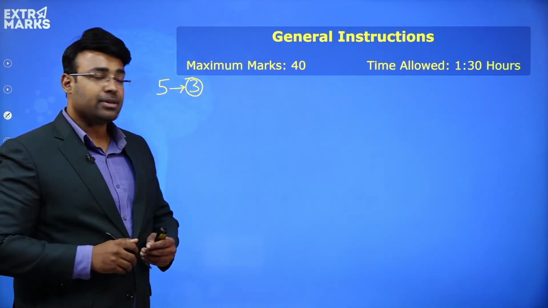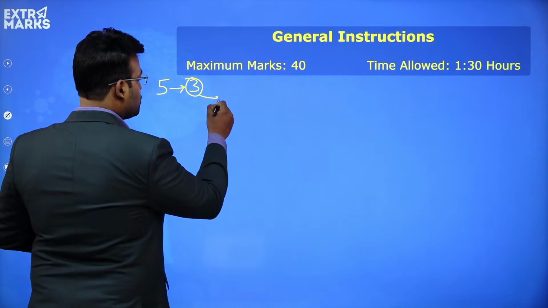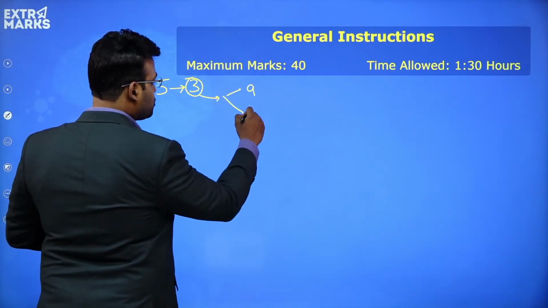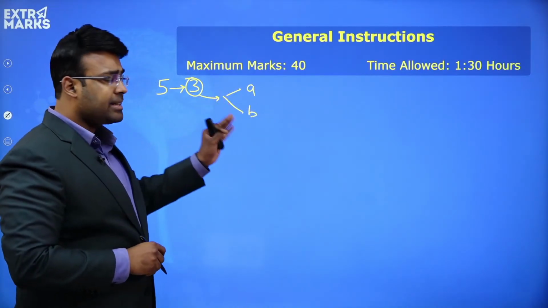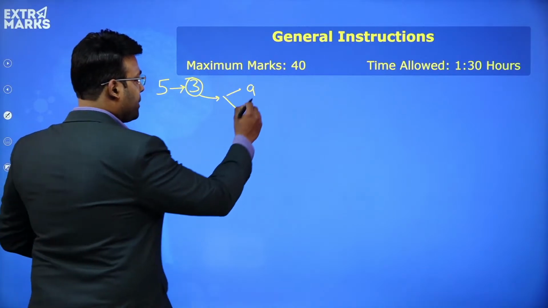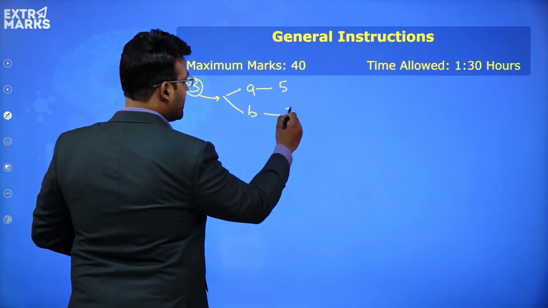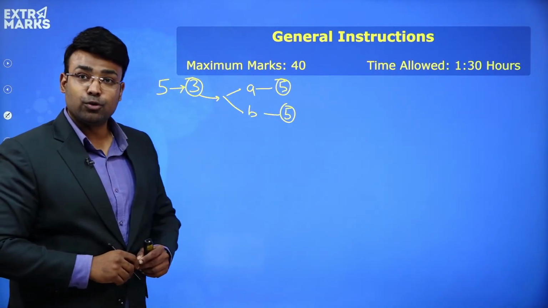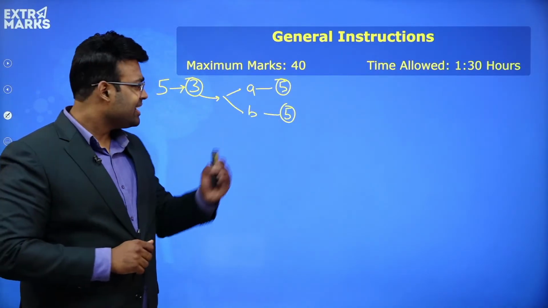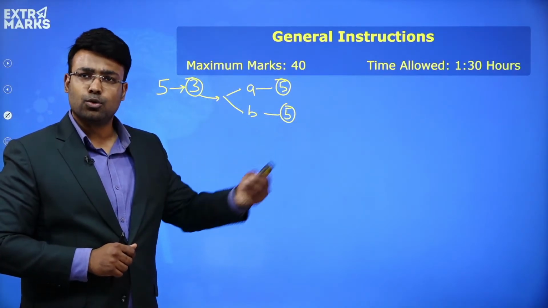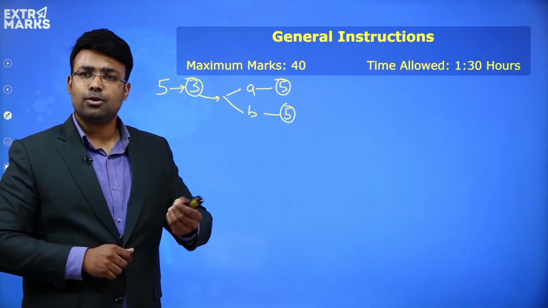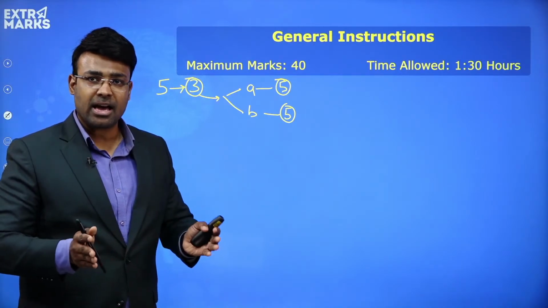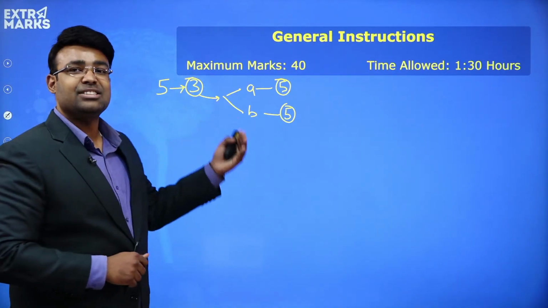And each question used to have 2 parts, the A part and the B part, where the A part has 5 questions and the B part has 5 questions. So how many questions in total? There would be 10 questions, and each would be a 1 mark question. So you have to just give one word or one sentence on average. So this was the last pattern.